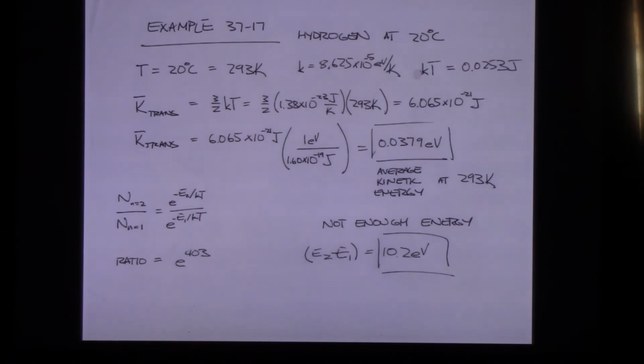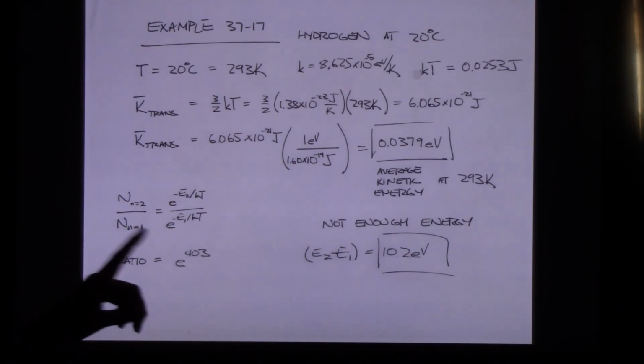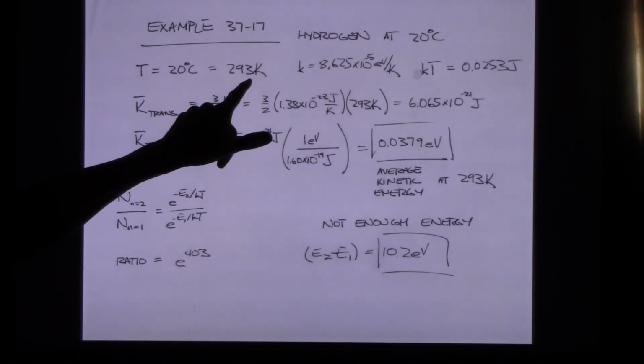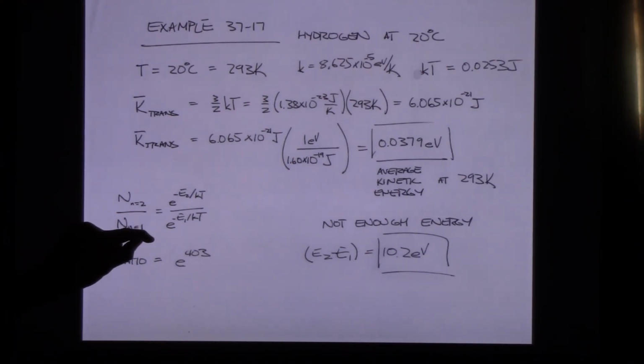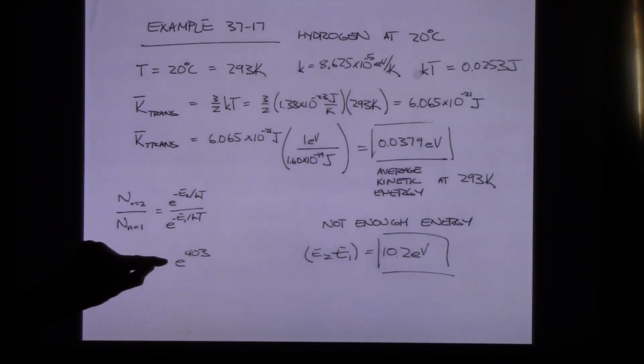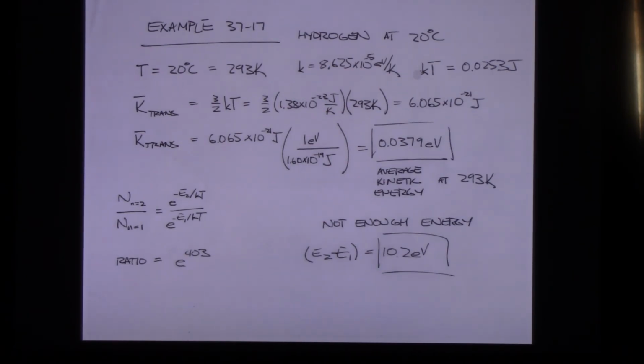I calculated this, and at a temperature of 293 kelvins, the number of electrons in the excited state would be 1 electron out of e to the 403. And when I put e to the 403 on my calculator, it blew up.